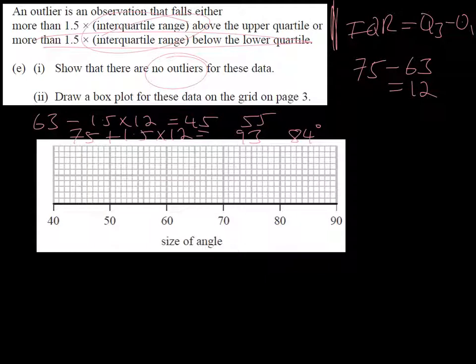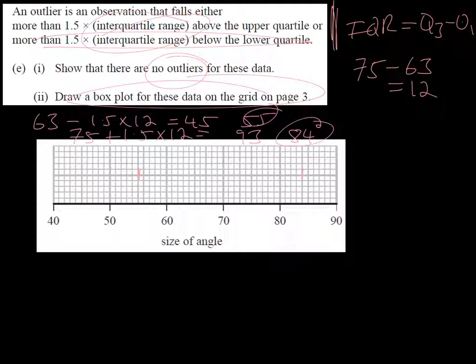We're then asked to draw a box plot for this data below. So the key information: we said the lowest value was 55, so that's going to be here somewhere. We are also told that the upper value is 84, so that's going to be here somewhere.